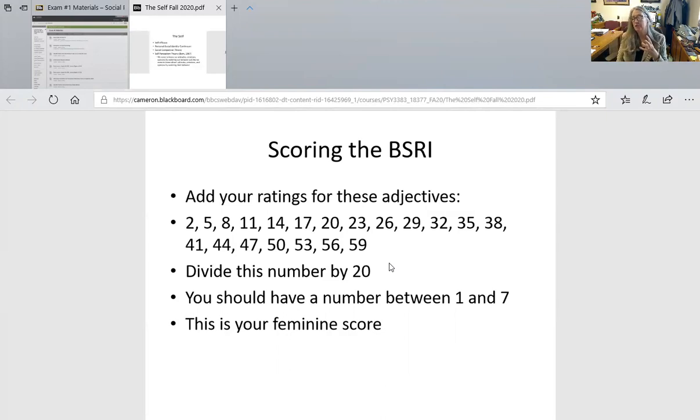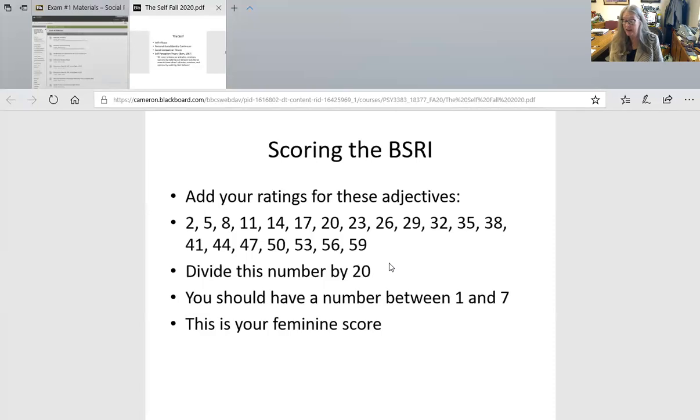Those 20 adjectives are seen as masculine adjectives. The more you endorse those, the more you gave those 6 or 7 ratings saying they're good descriptors of you, the higher your masculine score is going to be.